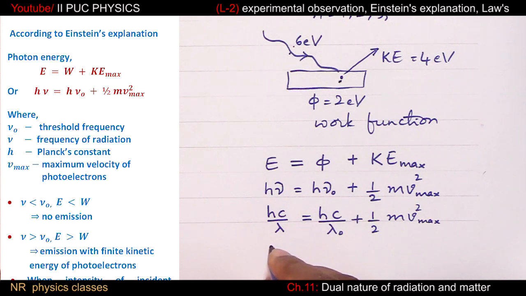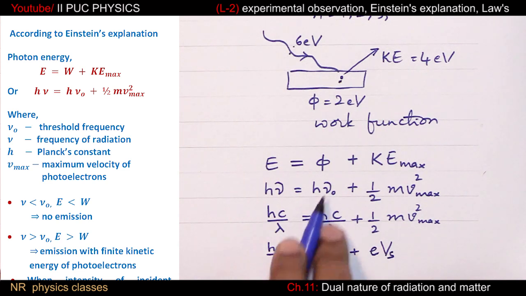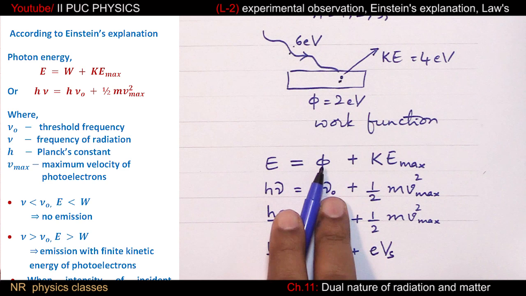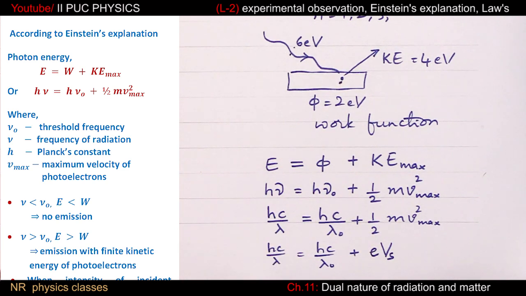Or h c by lambda equals h c by lambda naught plus kinetic energy, which can be expressed in terms of stopping potential, e times stopping potential. So this is Einstein's photoelectric effect equation, and these are different forms.